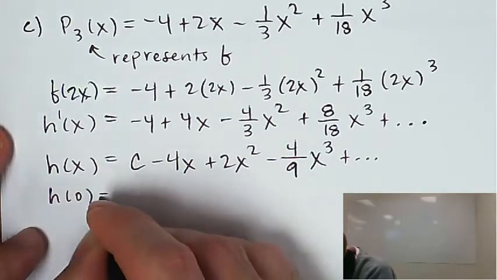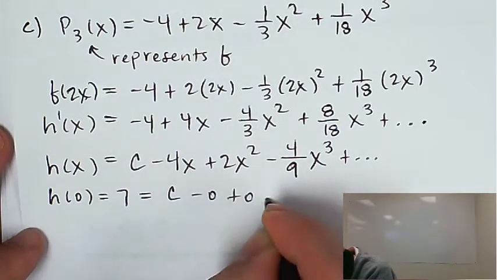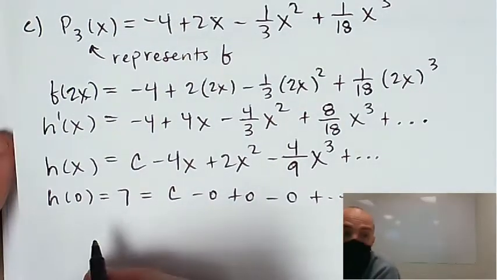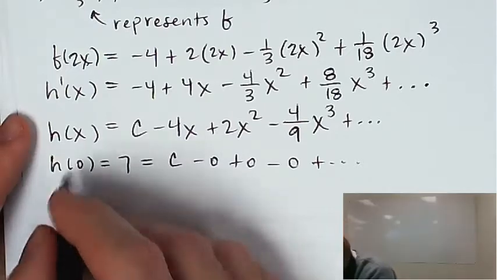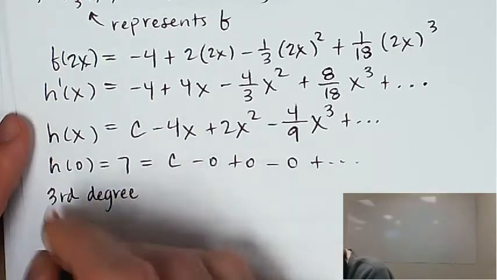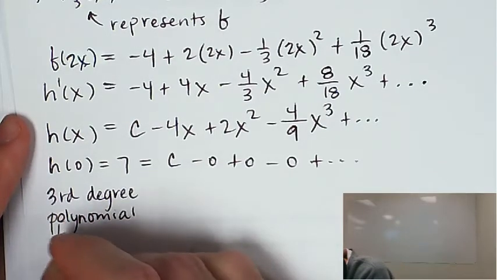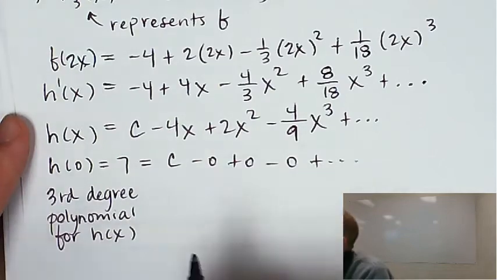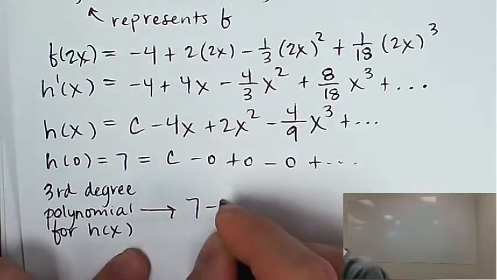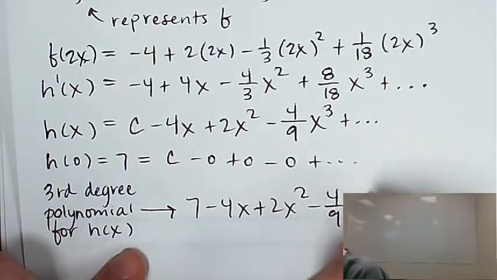H of 0 is equal to 7, which is going to be equal to c minus 0 plus 0 minus 0 plus a whole bunch more zeros, so 7 has to equal c. So the third degree polynomial for h of x is going to be 7 minus 4x plus 2x squared minus 4/9 x to the third.